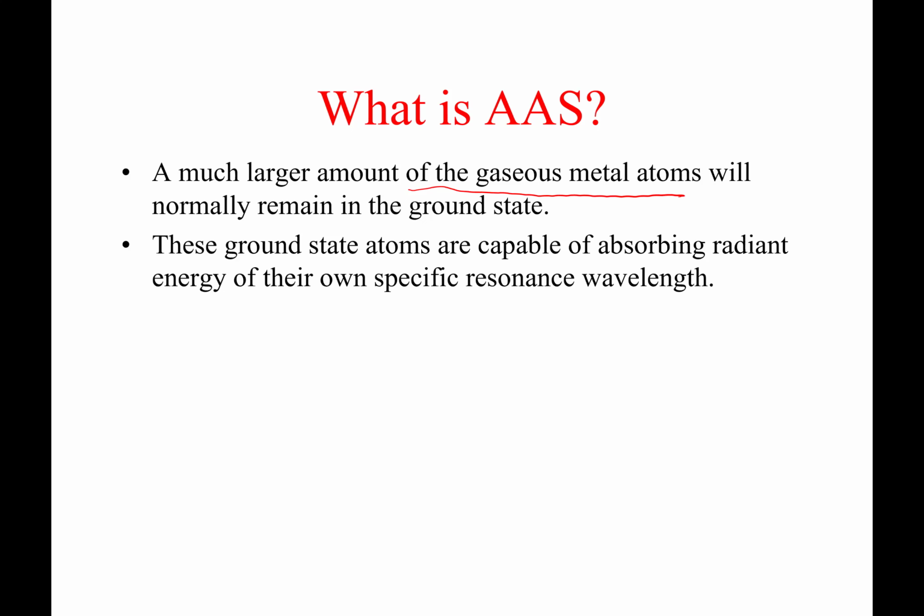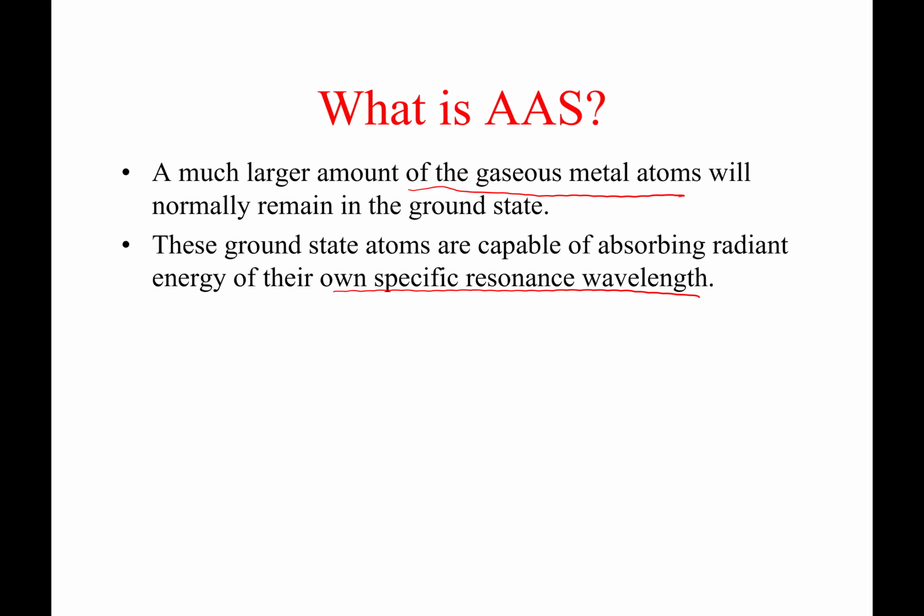So the ground state atoms are capable of absorbing radiant light or radiant energy. And look at the other thing here, their own specific resonance wavelength. Each element has its own wavelength, lambda, for analysis. We call it a resonance line. There are many lines that we use. As I mentioned, you can put in the ground state electronic configuration.